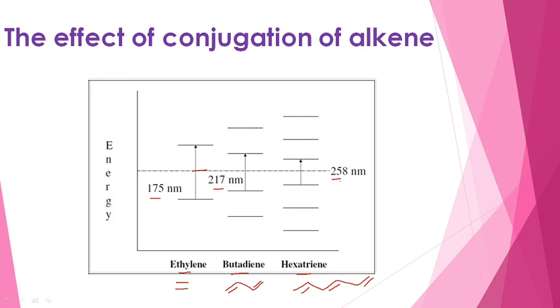That is, we are finding bathochromic shift because the energy gap must decrease. As the energy gap decreases, the lambda value must increase. So that's why you are finding bathochromic shift on the effect of conjugation.